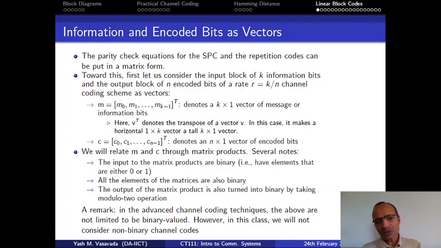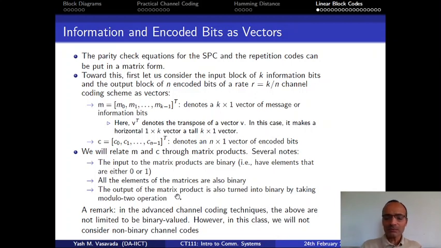There is a whole lot of theory behind that, but we are going to see just the tip of it, encapsulated in a few bullet points: everything is binary, and wherever summations and multiplications are involved, ultimately we take a modulo 2 operation and turn them into the binary result.